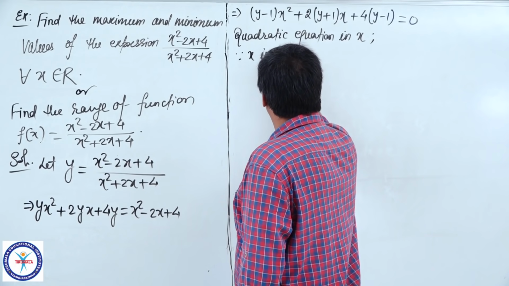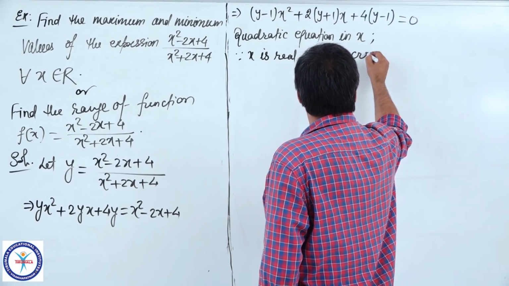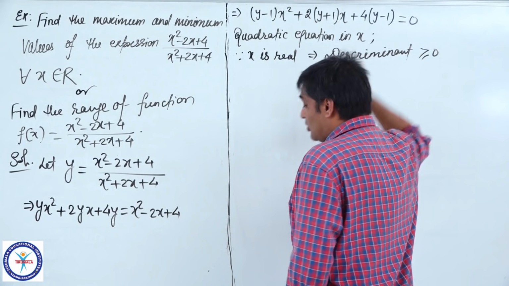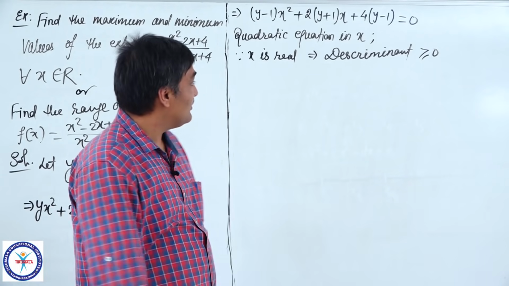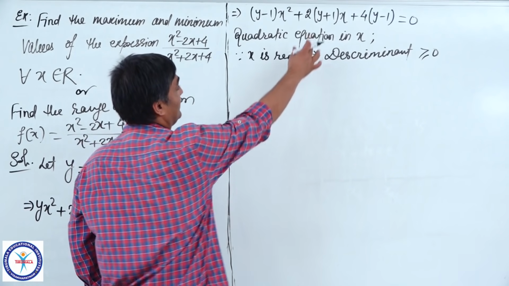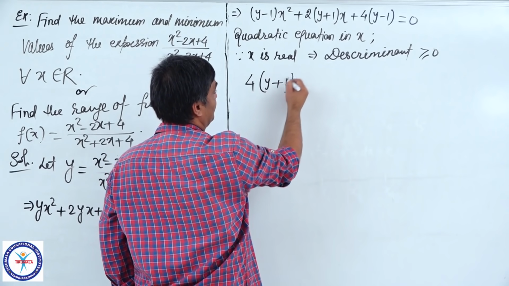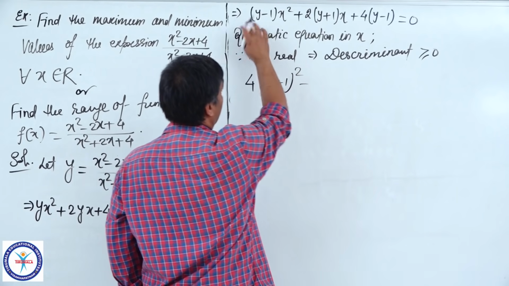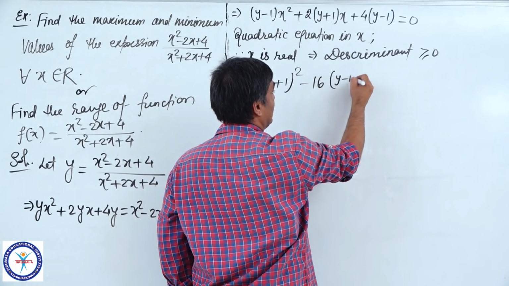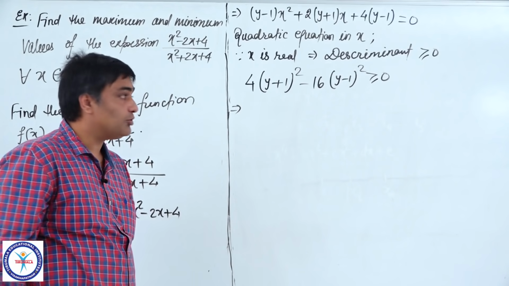Since x is real, this implies discriminant greater than or equal to 0. So, what is the discriminant? B square means (2y plus 1) whole square minus 4ac means 16(y minus 1)(4y minus 1)... greater than or equal to 0.